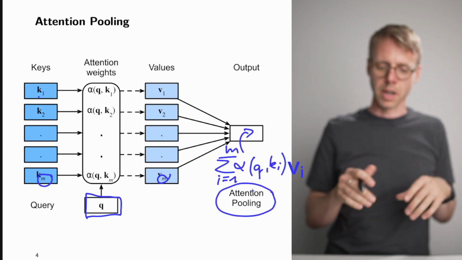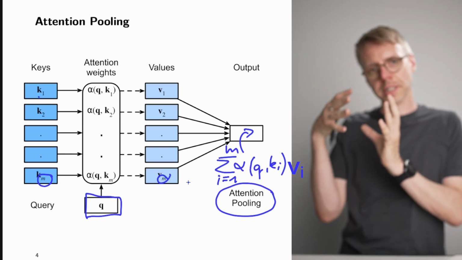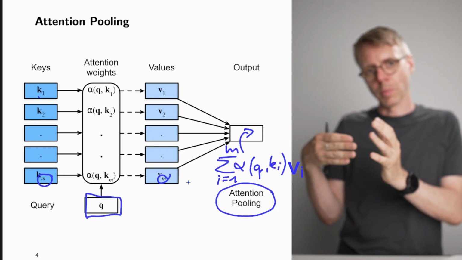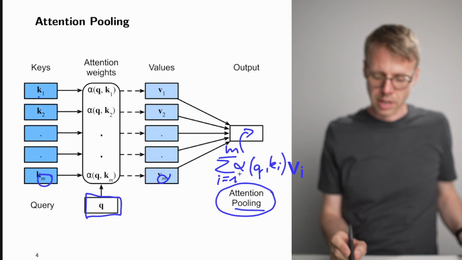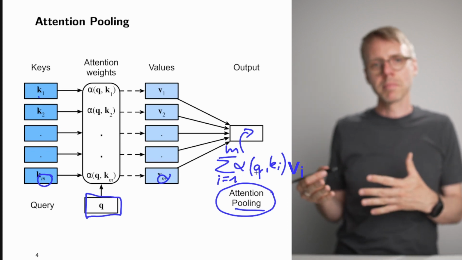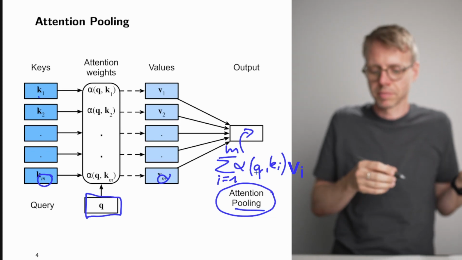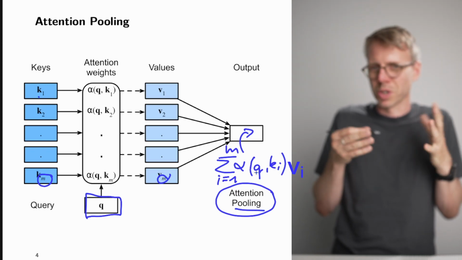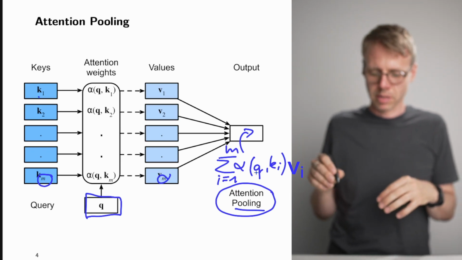Because we are applying this to all the values and reducing all the values to a single weighted average value, this is actually a pooling operation. So you can think of, if all those alphas were the same, then this would just correspond to standard average pooling. If we would do a top 1 query, this would basically be some form of max pooling.